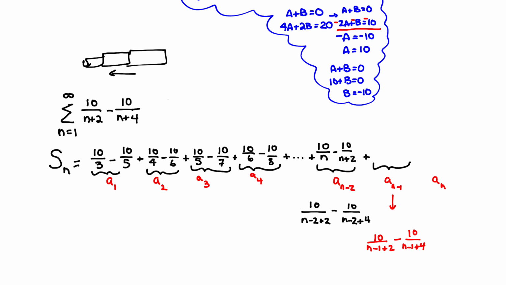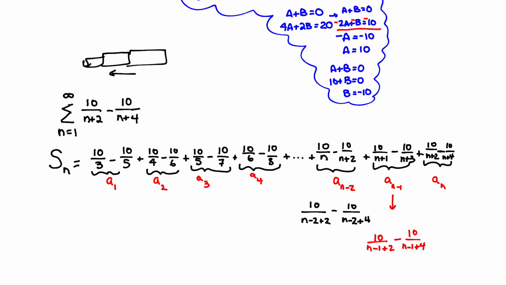So that's giving me 10 over n plus 1, 10 over n plus 3, and then 10 over n plus 2, and 10 over n plus 4. See if you're getting the same thing as me for those back end terms.